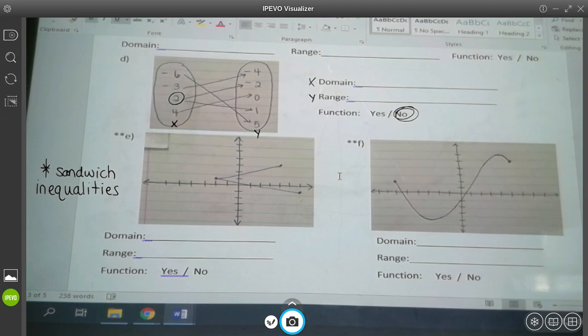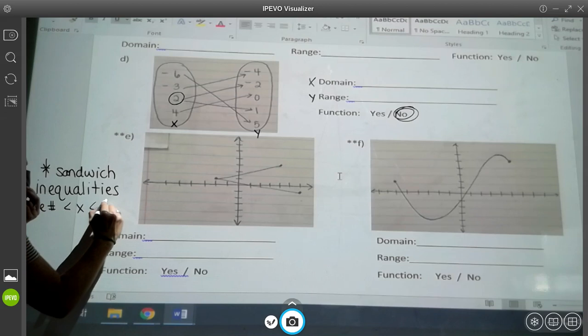Which we've already seen a lot from those compound inequalities, the ands, the sandwiches. All right, and how do we write a sandwich inequality? It's always little number with a less than symbol, then the variable, usually it's x, always a less than symbol, big number.